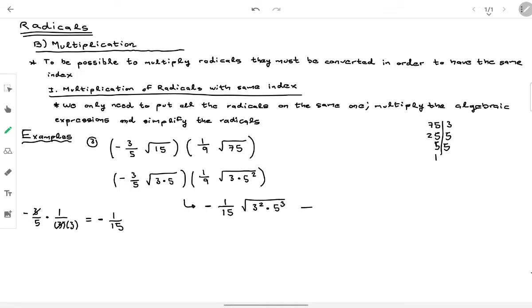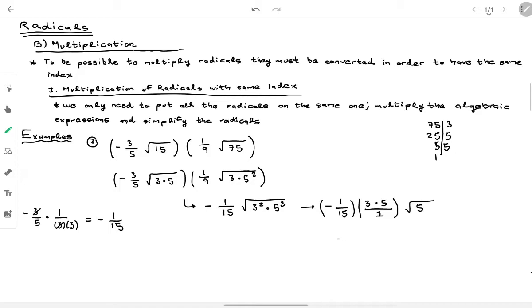So what will happen here? Minus 1 over 15 that multiplies... we can take out a 3. We can take out a 5. And on the inside part, because 3 divided by 2 is not an exact division, we will still have a 5.